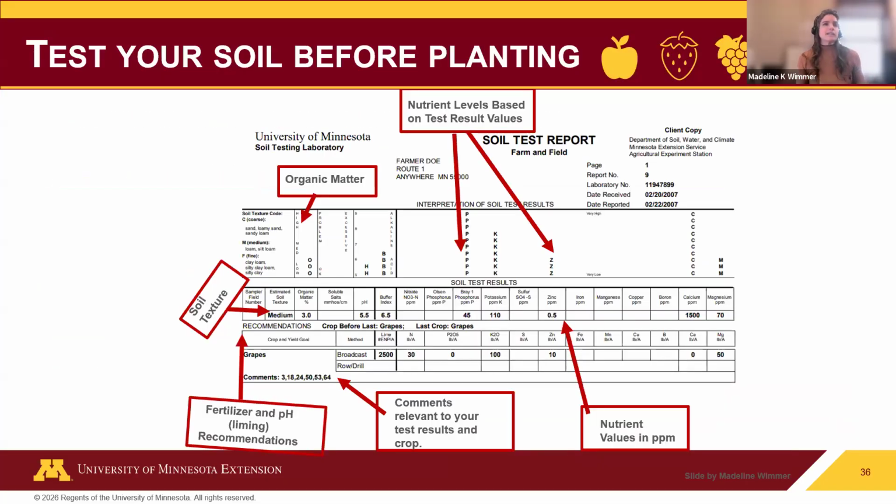And then this is just an example soil test that you would get back from the University of Minnesota. Other labs are going to be giving you different outputs, but they're still going to be giving you similar information. Usually a lot of the nutrient values are going to be in parts per million. And then you might get some comments or suggestions related to the crop when you tell them which crop you're growing.